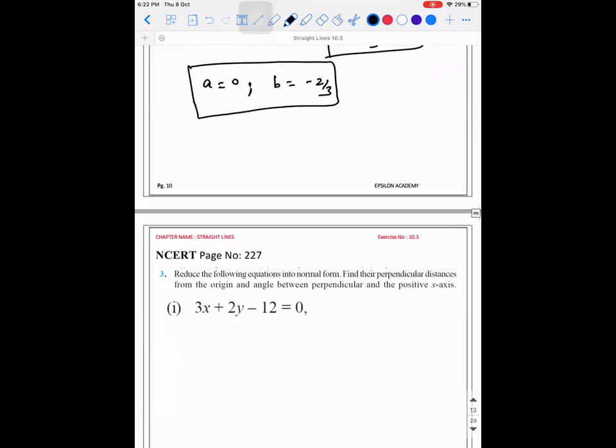So the concept that we are yet to discuss is the last one, that is how to reduce the following equations into normal form. Okay, let's look at the concept first.